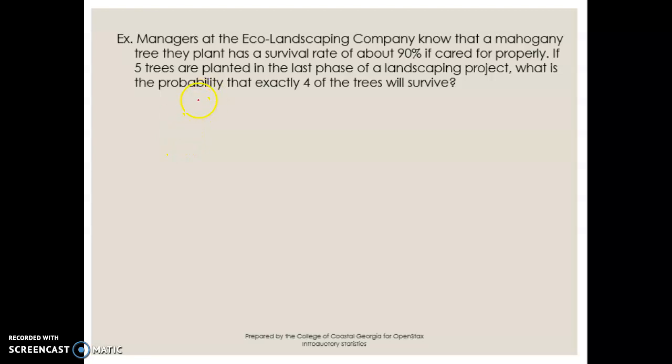So what we're looking for here is the probability that the tree will survive is 90%. The probability that it will not survive is 10%, 0.1. Okay, we'll call that q.